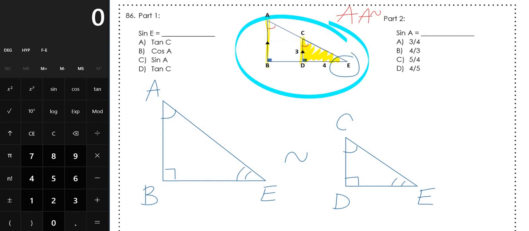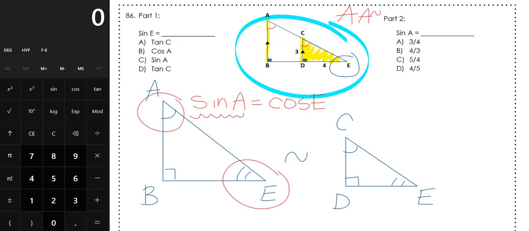One thing that I want you to note when we have two similar right triangles is if I said sine of A equals the cosine of E in this first example, because A and E are the ones that add up to 90. Then instead of writing sine of A, I could also have a congruent angle to angle A take its place.